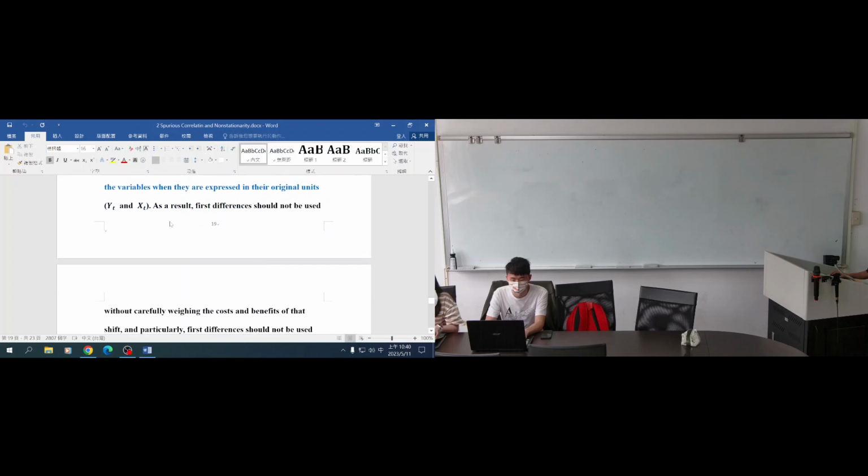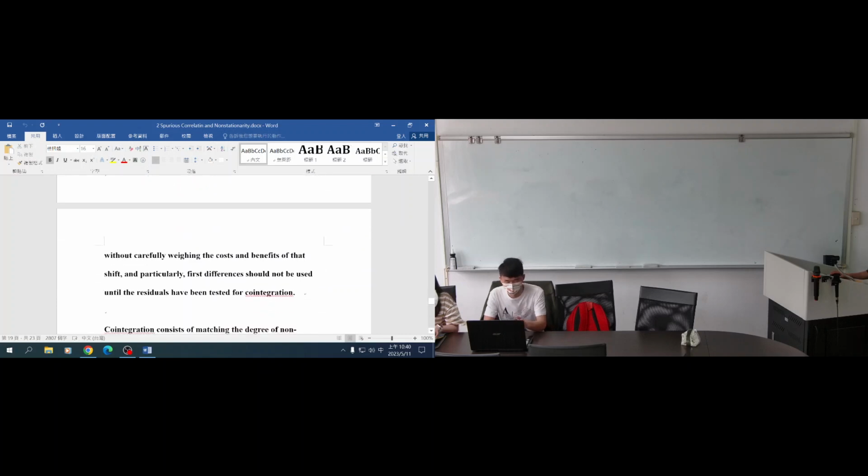So usually, the first difference should not be used without carefully weighing the costs and benefits of the shift, and particularly, the first difference should not be used until the residuals have been tested for this. Okay. So this is what we wanted to do.